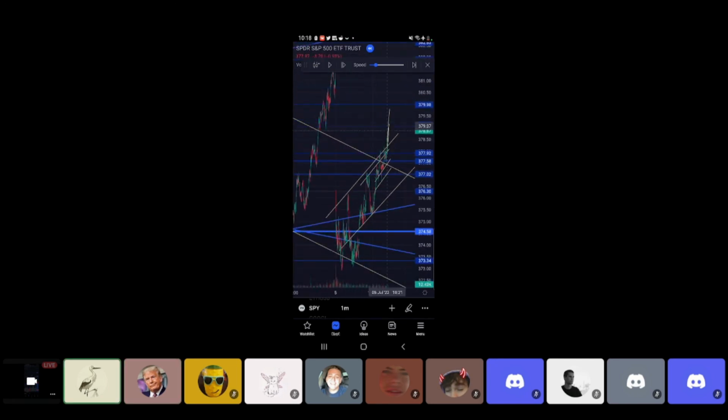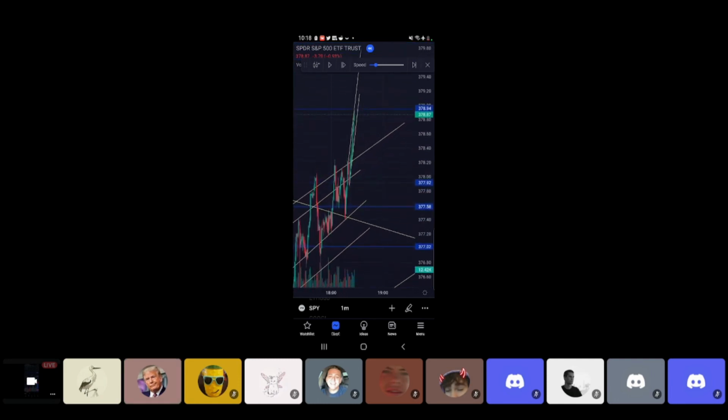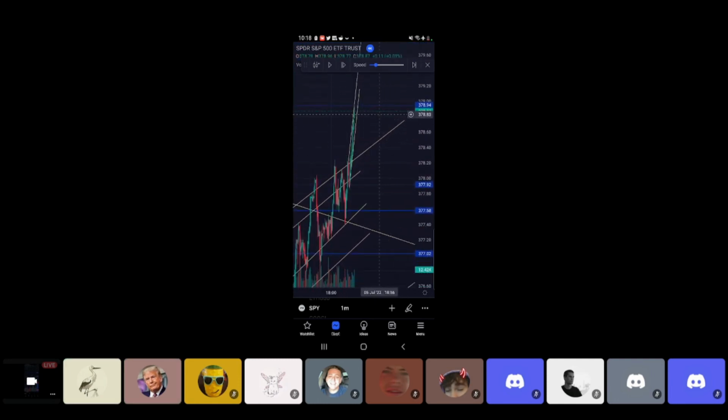So right here, we're bringing it down. There's a resistance right here. So this is the next line of resistance. I may take this put here, but as soon as it breaks into this channel and I see the channel is going to continue, I would back away and cut this loss.